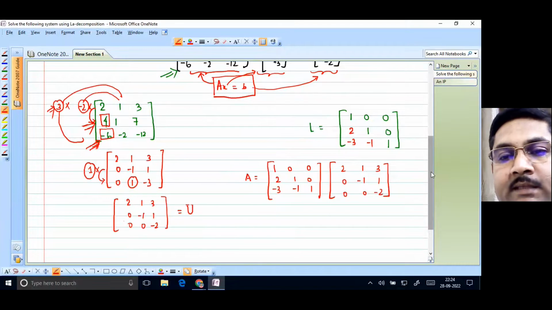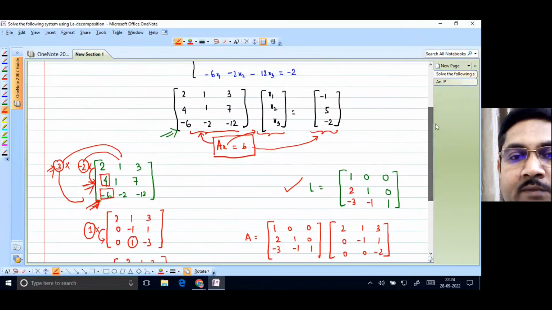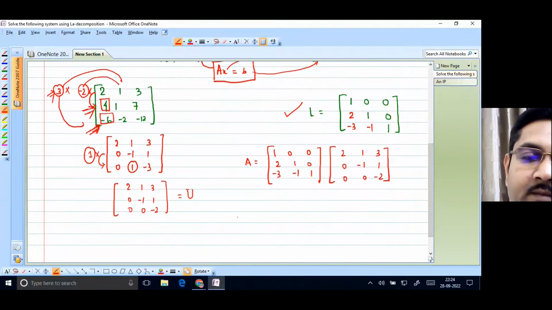Now my intention is to solve the equation Ly equal to B. So L is in my hand, and B, which is the right hand side, is also in my hand. So I want to solve the equation Ly equal to B. This is my task. Then I will solve Ux equal to y.